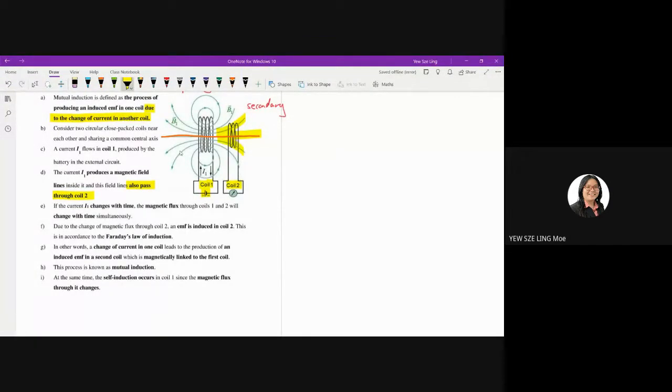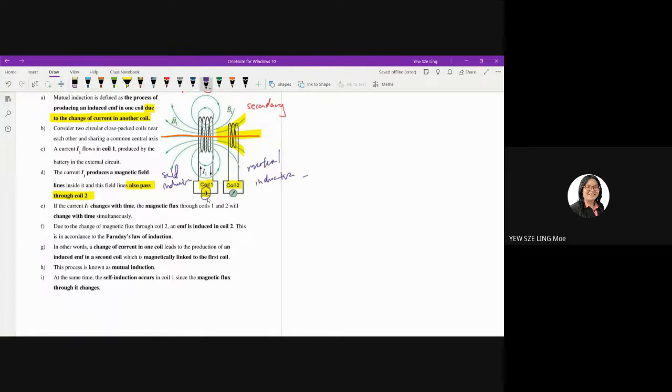Coil 1 undergoes self-induction because it has a battery and the change happens inside itself. Coil number 2 is because of the neighboring coil. It doesn't have a battery. It has an EMF because of changes in coil 1. So coil 2 experiences mutual induction.